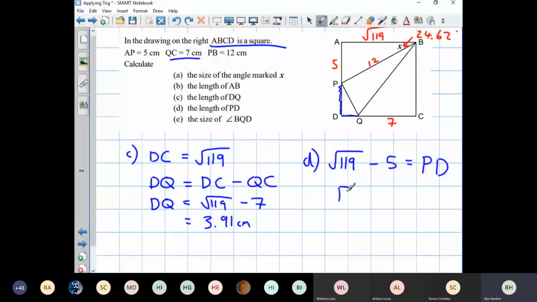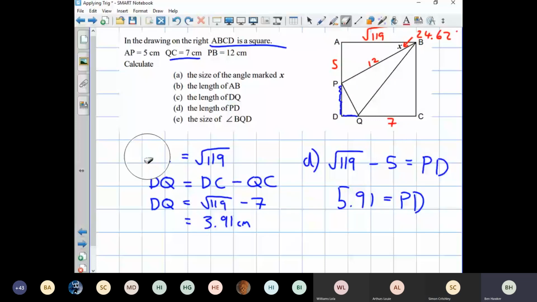So 5.91 is equal to PD. In these questions, I guess the automatic thing sometimes is to try and go straight into Pythagoras or trigonometry, but sometimes we just need to look at the properties that we've been told in the shape in order to work those out.